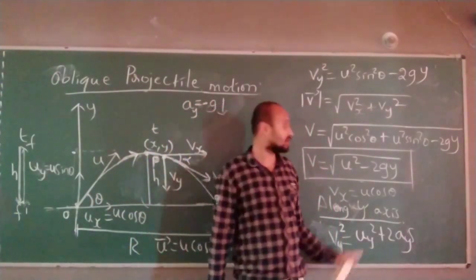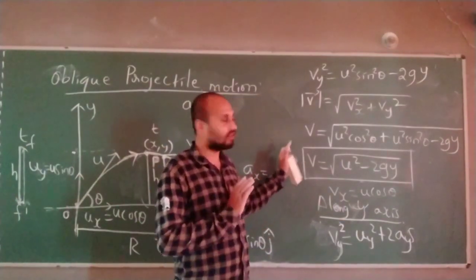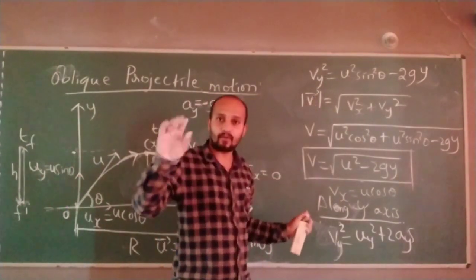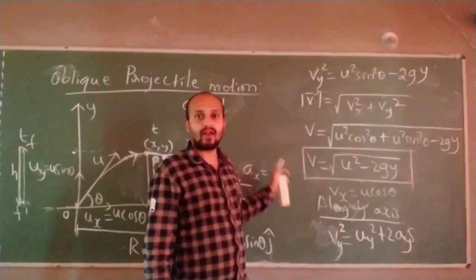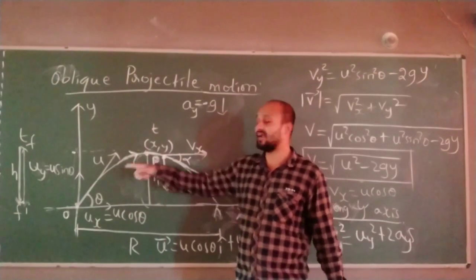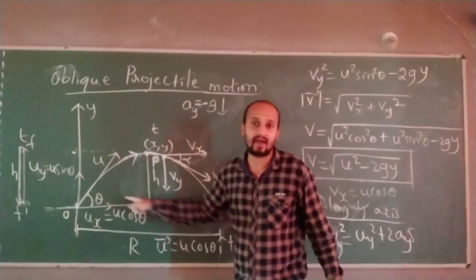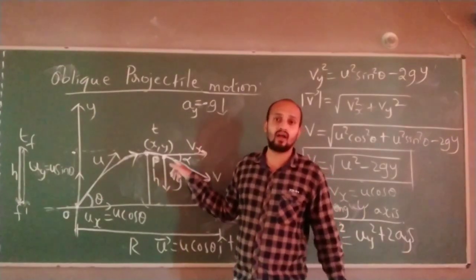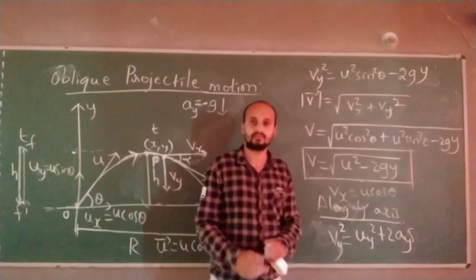That is the meaning. These are the two values for velocity at any time t and at any position x comma y.